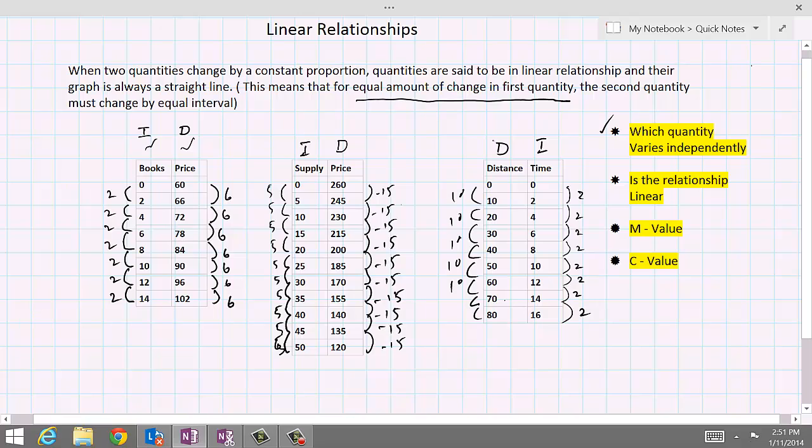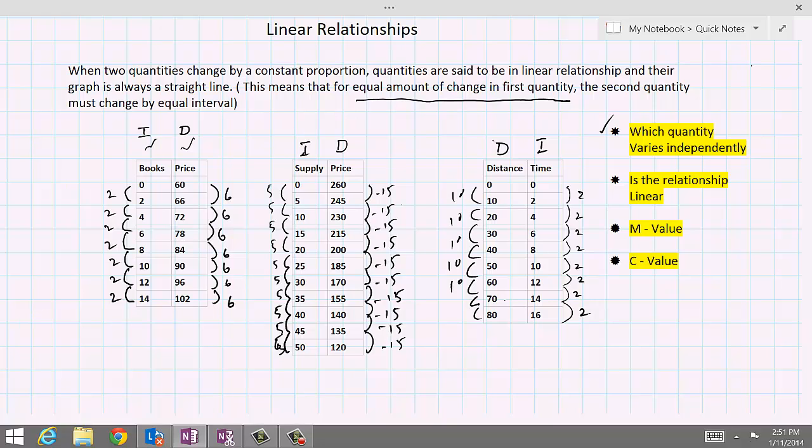It's very important to establish which one of the 2 variables is independent and which one is dependent, because the independent quantity, or the independent variable, will always be plotted on the horizontal axis, the x-axis.